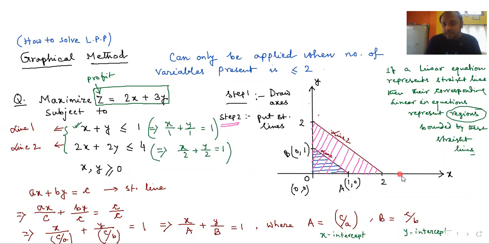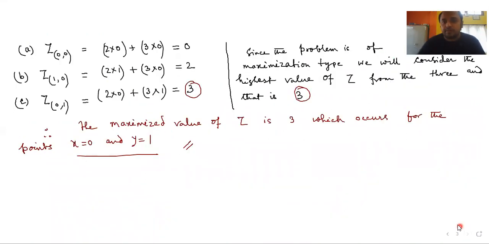Now look at this problem. Maximize z equal to 2x plus 3y, x plus y less than or equal to 1, 2x plus 2y less than or equal to 4, x comma y greater than or equal to 0. With a little change in the form of the problem, you can get various other solutions of different types. So for example, I am giving you 1 or 2 problems which you can try at home. These are homeworks for you.